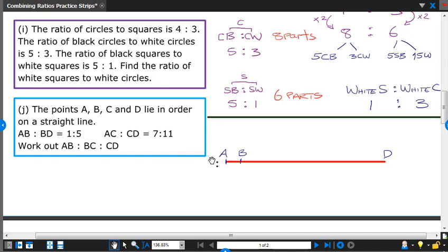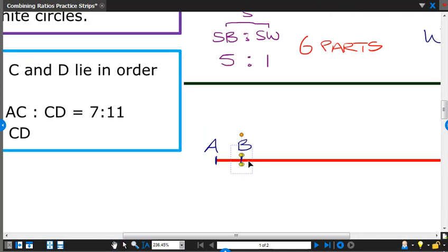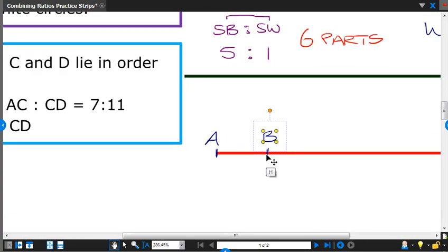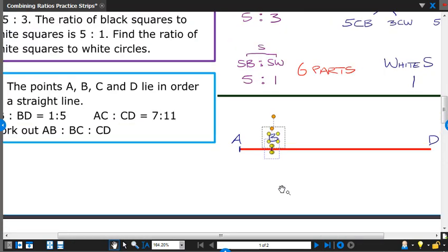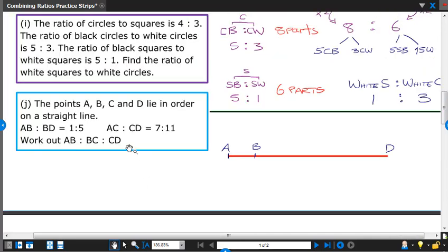So B to D would be 5, so it would be 5 times bigger. So let's just adjust this. It's probably something like that. Maybe a little bit less. Okay, maybe like that. So that's saying if that's 1 length, this is 5 lengths. Okay, makes sense.